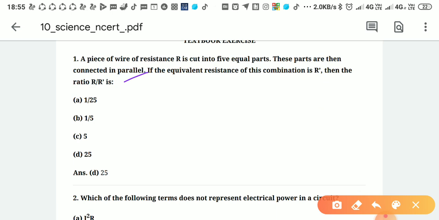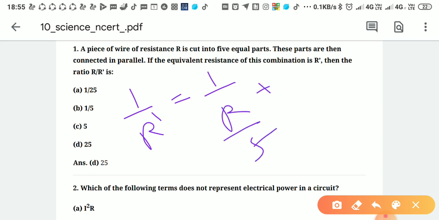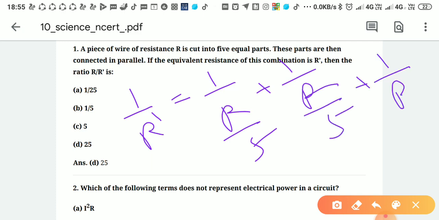We know that each part has resistance R upon 5. When we connect them in parallel combination, the resistance becomes R dash. When we connect in parallel, we can write 1 upon R dash equals 1 upon R by 5 plus 1 upon R by 5 plus 1 upon R by 5, and we do this 5 times.